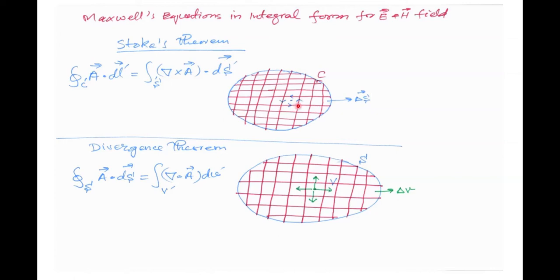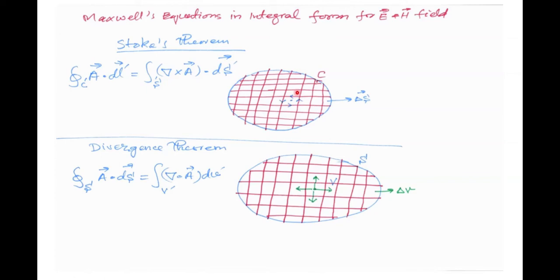If we consider the contribution of adjacent squares, the two components which are opposite to each other cancel the effect of each other.